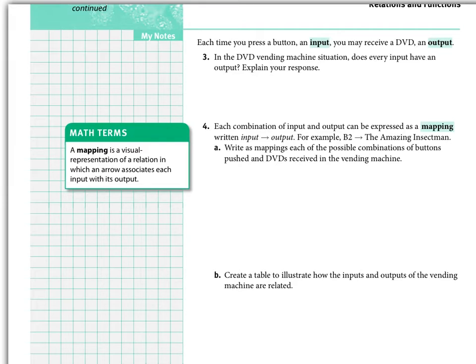So sometimes when you put an input, there is no output. So the answer is, in the DVD vending machine situation, does every input have an output? And the answer is no. B1, I'm pretty sure it's B1, does not.